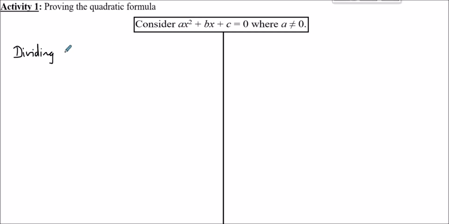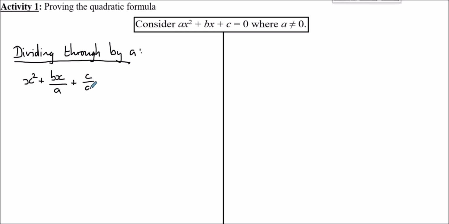If we divide this whole thing through by a, here's what we'll end up arriving at. We'll have x², bx becomes bx over a, c becomes c over a, and the 0 divided by a just stays as 0.